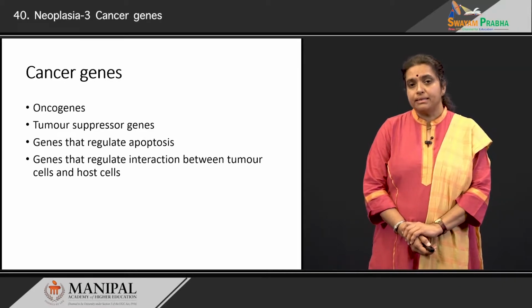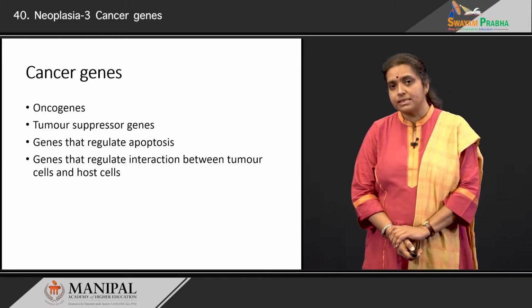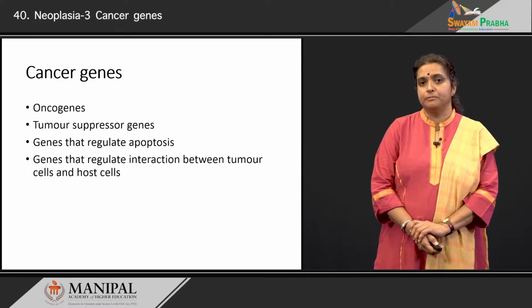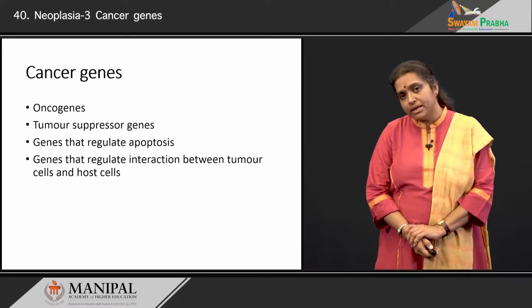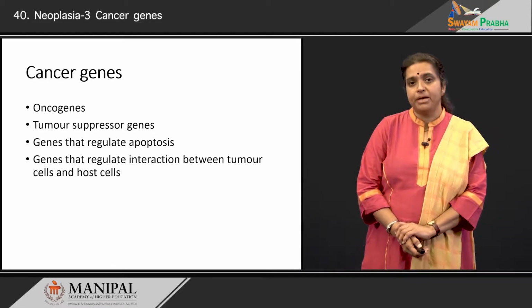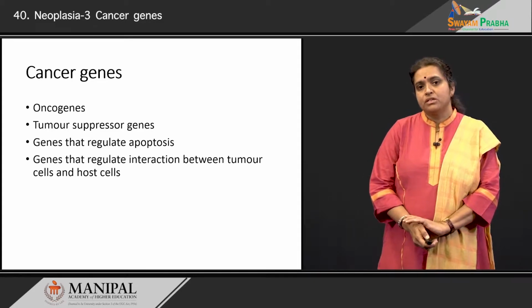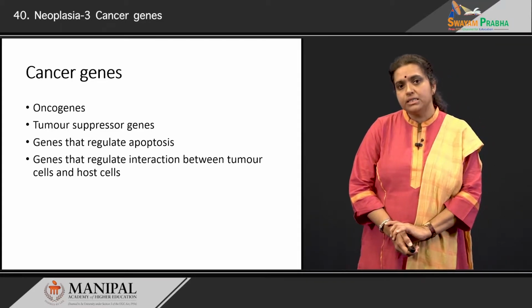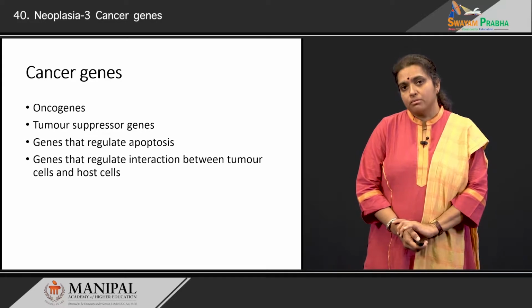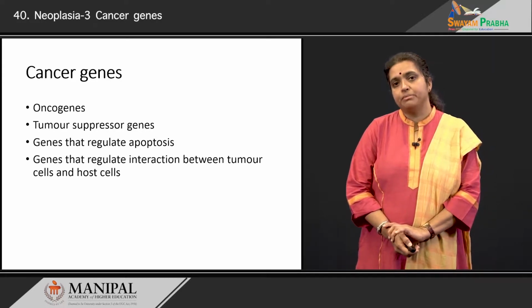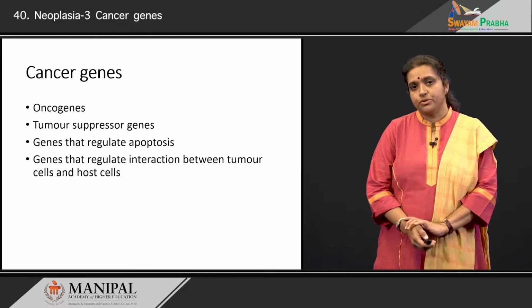This interaction between the host cell and the cancer cells may be regulated by genes, and these genes may be affected in cancer. So, these are the four classes of genes that may cause malignant transformation and may be important to drive tumorigenesis.